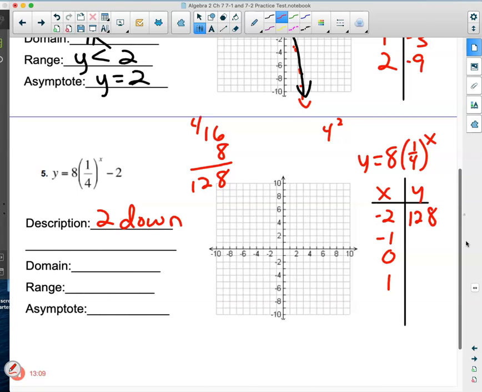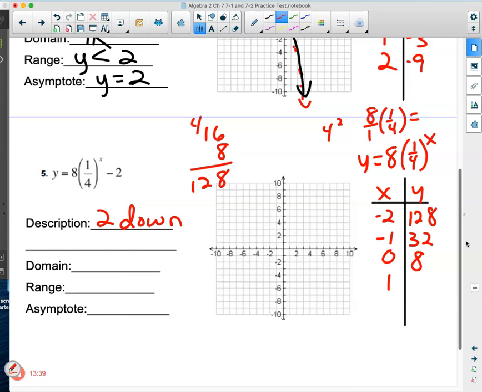Negative 1, flip it, it becomes 4. 4 times 8, still not something that's going to be on my graph. Hopefully we'll get 1 soon. Put a 0 in there. What's 1/4 to the 0? 1. What's 1 times 8? Finally, something that'll fit. And we put a 1 in. And remember, 8 is the same thing as 8 over 1.